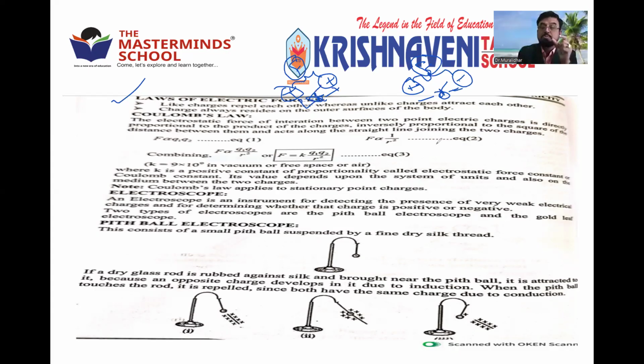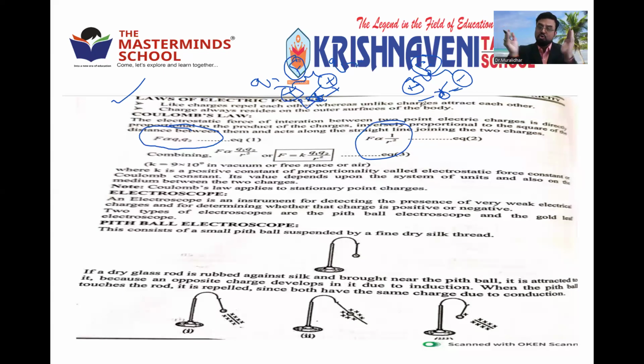Then the force between the two charged bodies is given by the law called Coulomb's inverse square law, or simply Coulomb's law. The first statement is the force between the bodies is directly proportional to the product of the charges. Suppose the charges are Q1, Q2. Q1 into Q2 is the total force acting on that. And it is inversely proportional to the square of the distance.